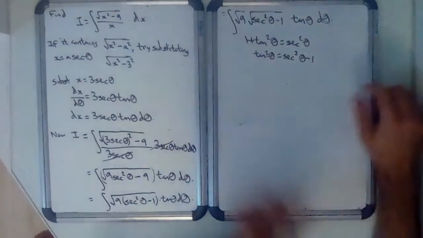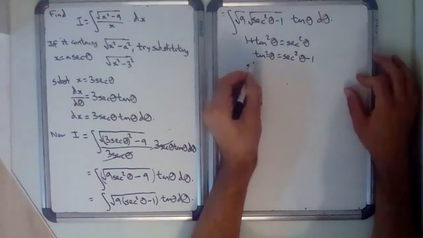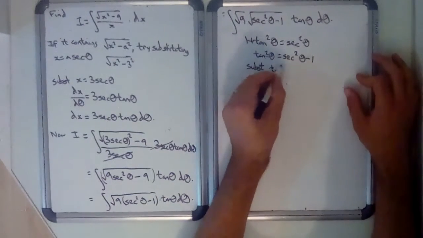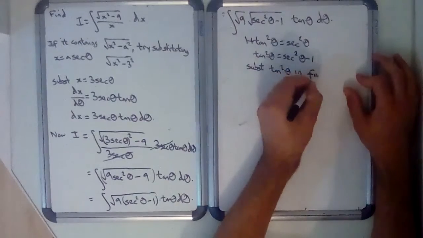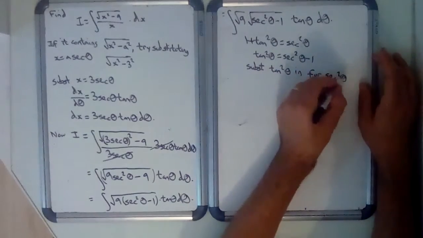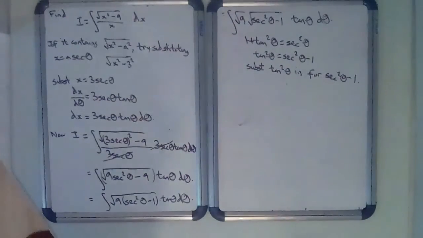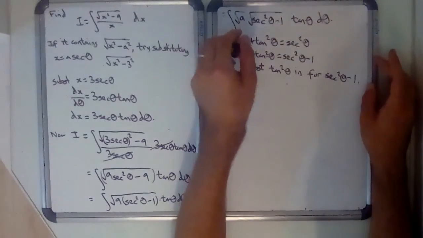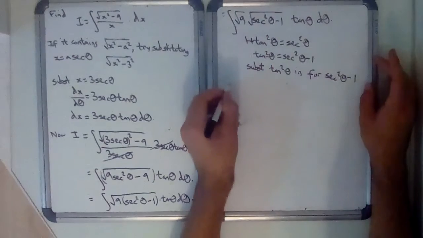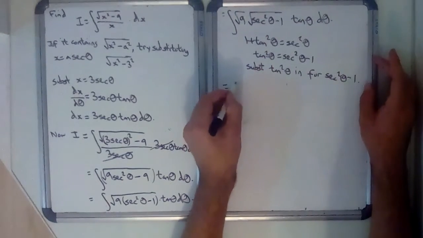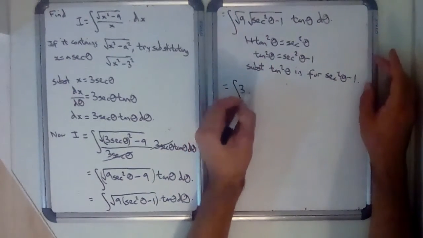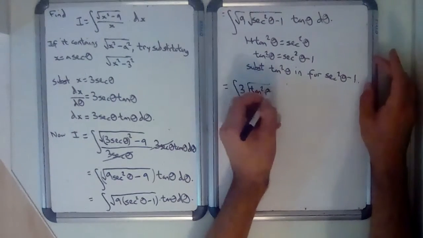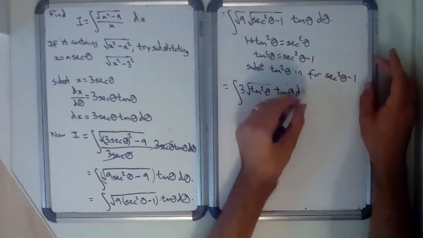So we can substitute tan squared theta in for sec squared theta minus 1, because they are exactly equivalent. The root 9 is 3, so our integral now equals 3 times the root of tan squared theta times tan theta d theta.